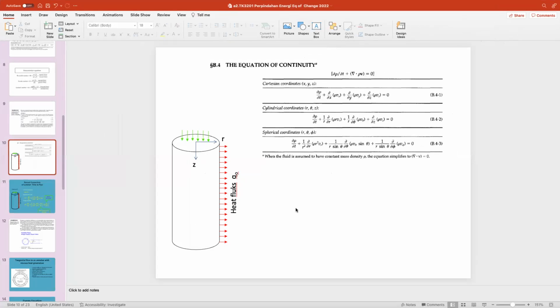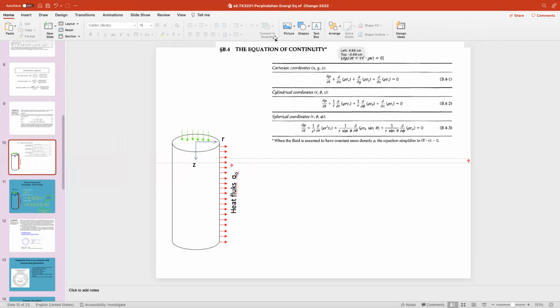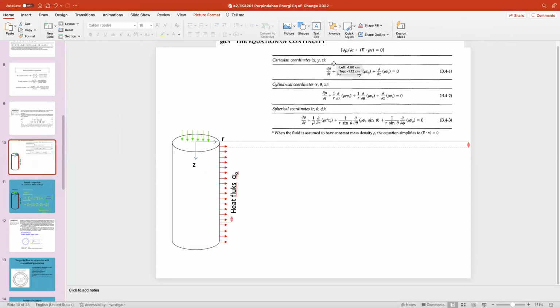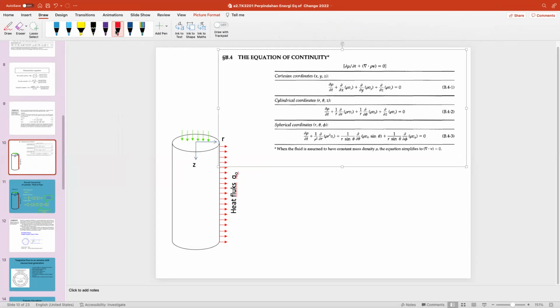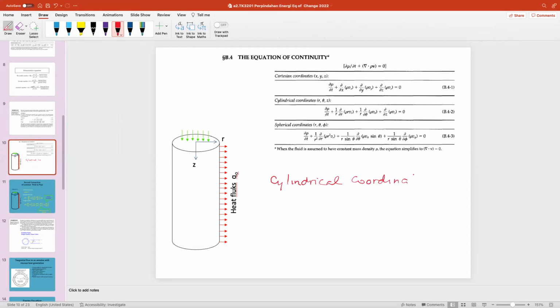Okay. So the first one, again, the equation of continuity is always used just to make sure, if you want to know the correlation of velocity. Here, because it is a cylindrical coordinate, we can use up to there.